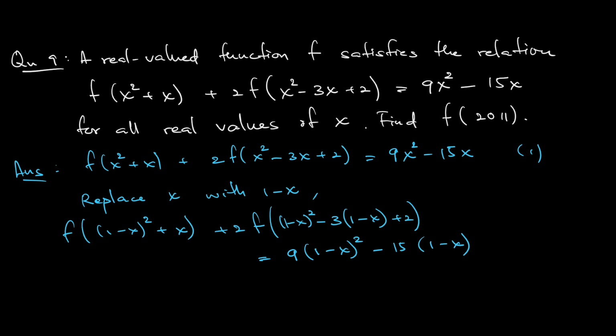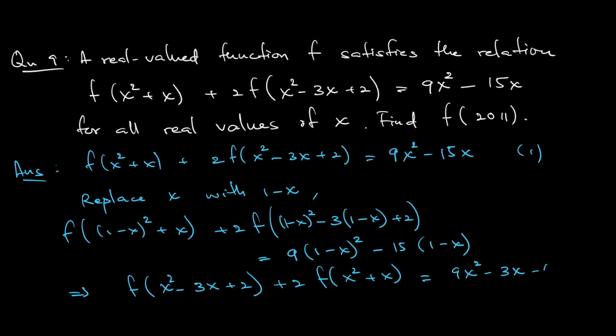After some simplification, you would get f of x squared minus 3x plus 2 plus 2f of x squared plus x, and the right hand side can be simplified to 9x squared minus 3x minus 9.